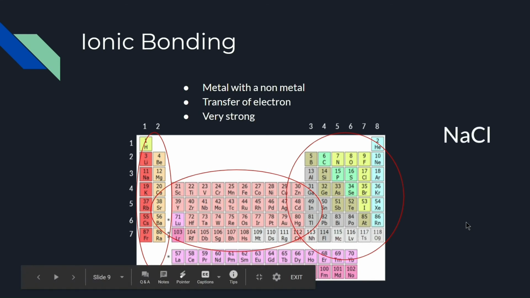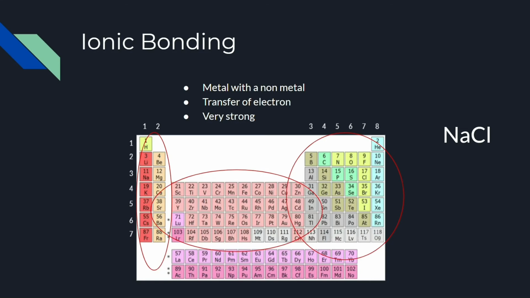So for example, sodium chloride, NaCl, which is common table salt, the salt that we add in cooking. And we have KI, potassium iodide. We have MgO, magnesium oxide. And we have CaBr, calcium bromide. And if you take a look at them, they all have one thing in common. It's always a metal with a non-metal.